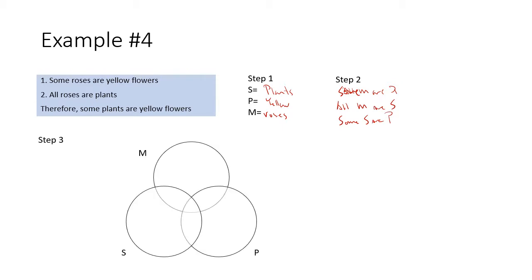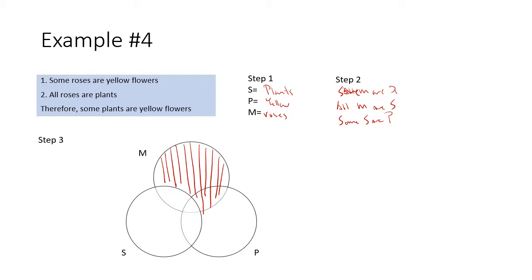So drawing this picture, this is a situation where you remember you have to do the universal first, so that's actually the second premise. So the universal here is a universal affirmative. That means you shade in this area, and then the other premise is a particular affirmative.